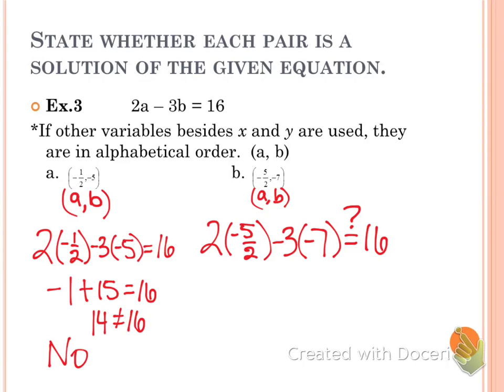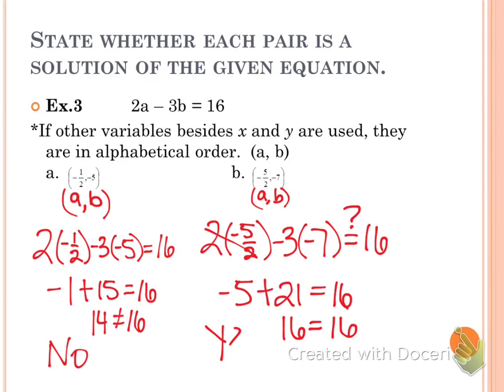Negative 5. Good. That 2 in the denominator, they just cancel each other out. Negative 3 times negative 7. A negative times a negative is a positive 21. What's negative 5 plus 21? 16. Is this one a solution? Yes, it is.